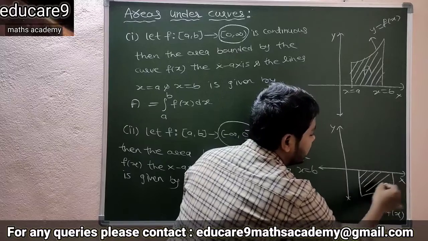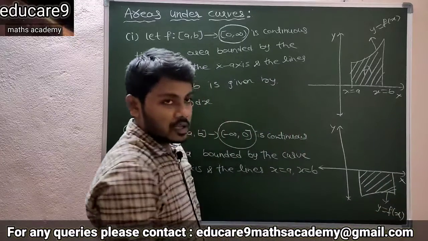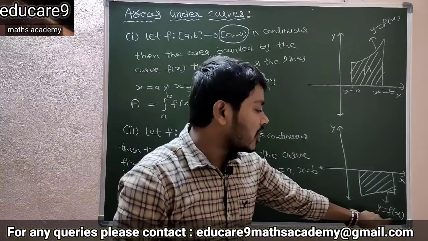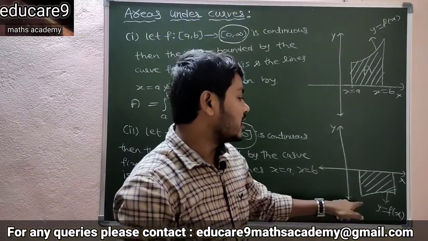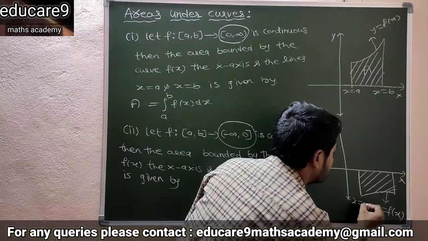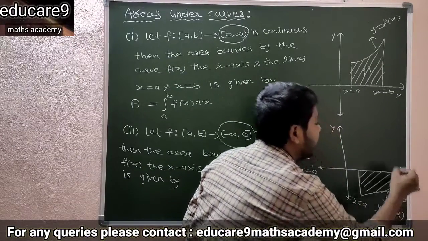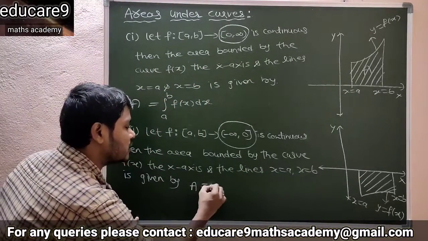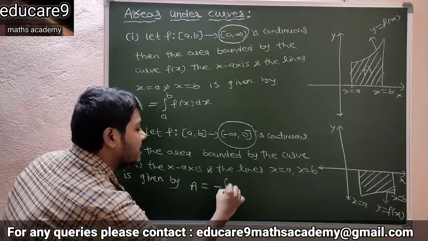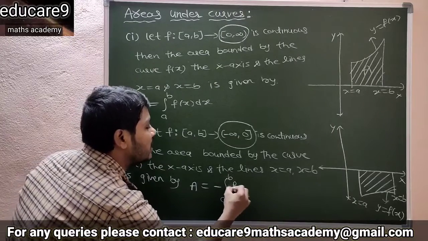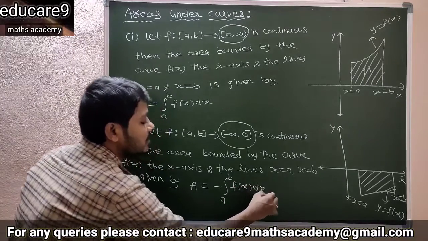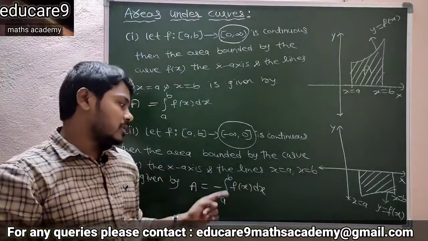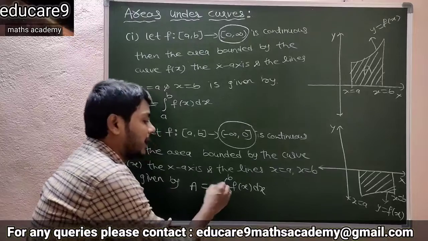Clearly you want to find this area, bounded by the curve f of x within the limits x equals a, x equals b and the x-axis. So this area is given by A equals minus the integral from a to b of f of x dx. Because the graph lies below the x-axis, in that case we have to write minus.